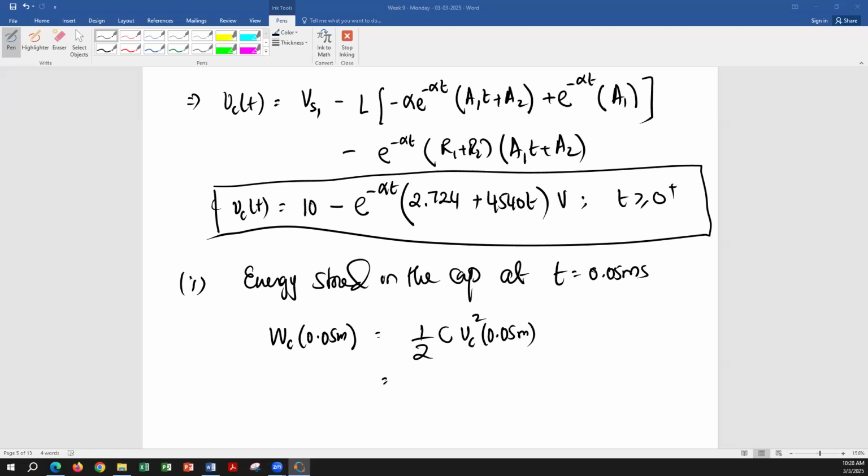VC is 1 minus exponent of negative alpha times T times 2.724.